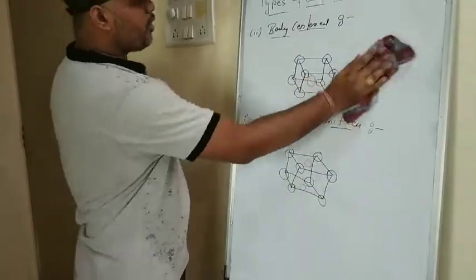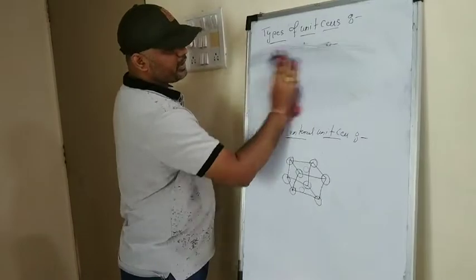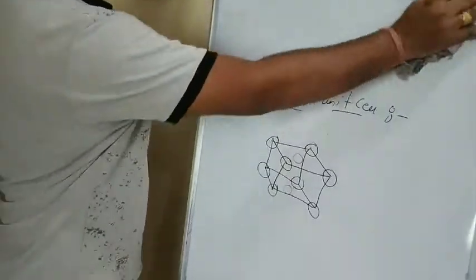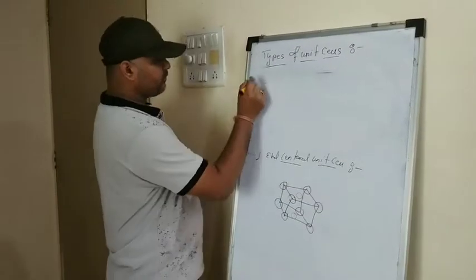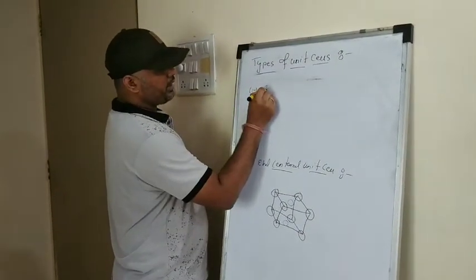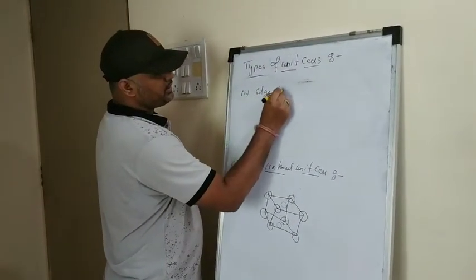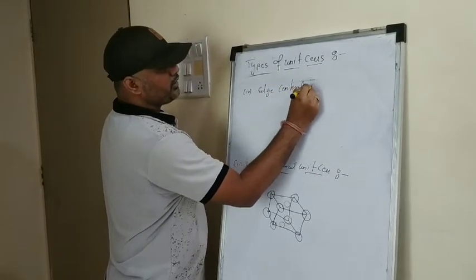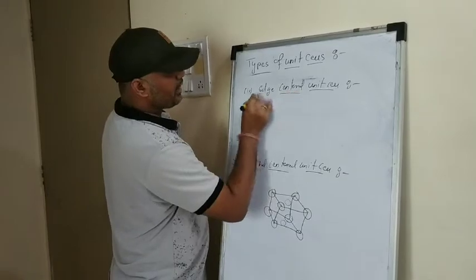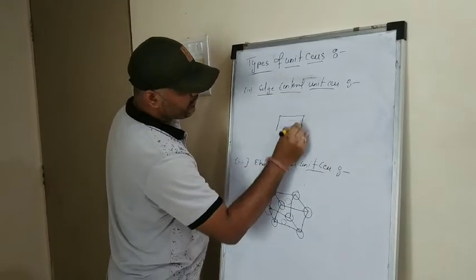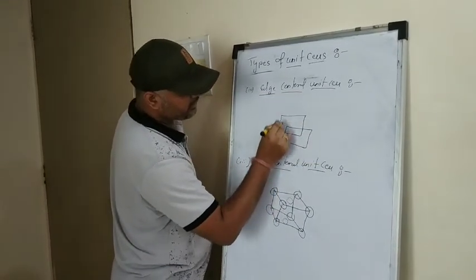Then there is one more. That is said to be the edge-centered. Edge-centered, note it down. Edge-centered unit cell. Right? So what happens in the edge-centered unit cell? We will draw the structure once again.